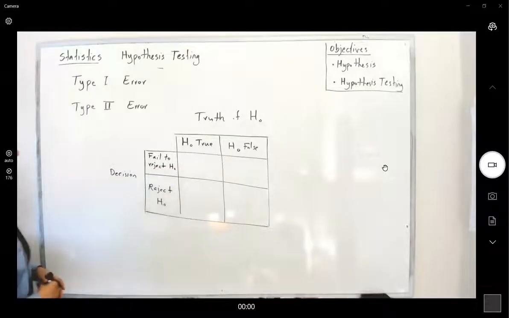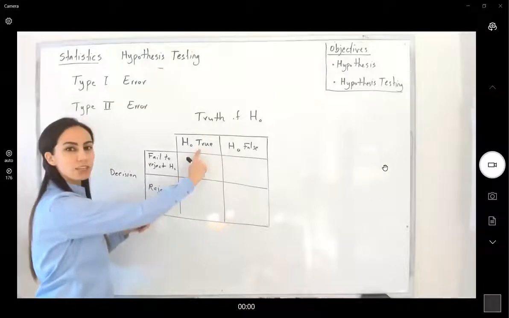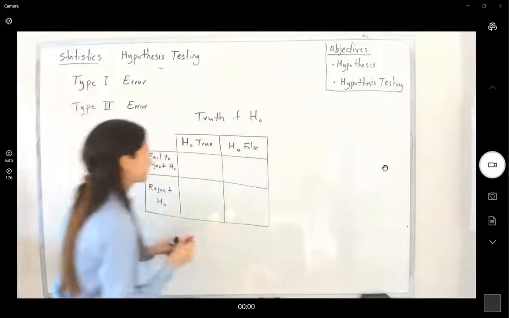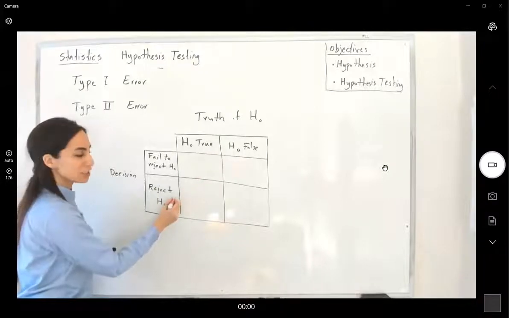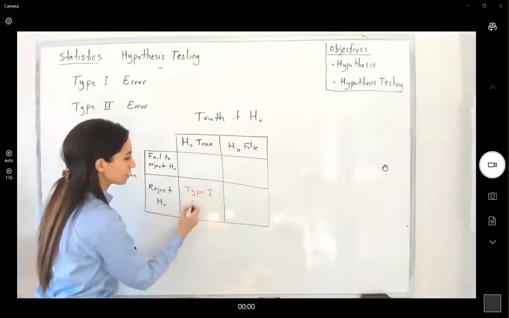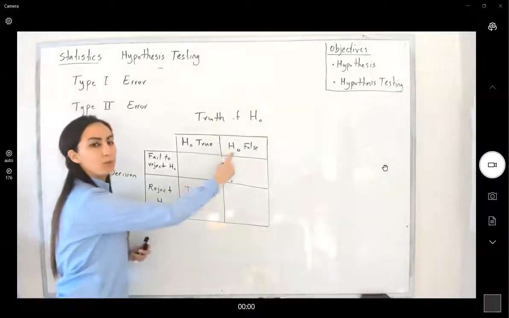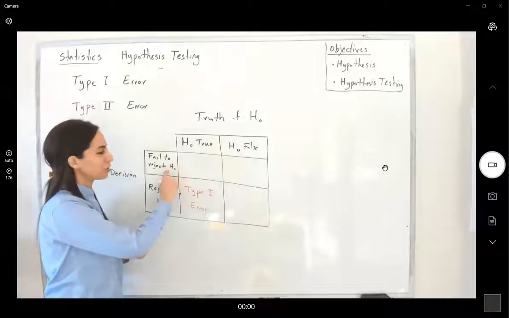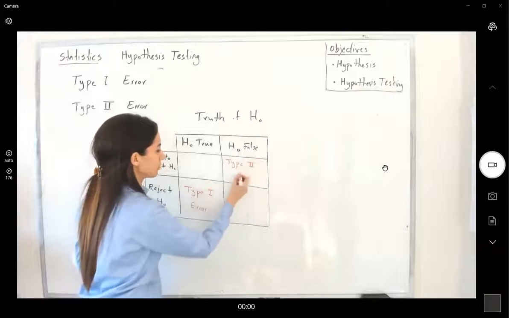Well, if your null hypothesis is true, but you reject the null hypothesis, we have type 1 error. So null hypothesis is true, but you reject it, is called type 1 error. If null hypothesis is false, but we fail to reject the null hypothesis, we call it type 2 error.